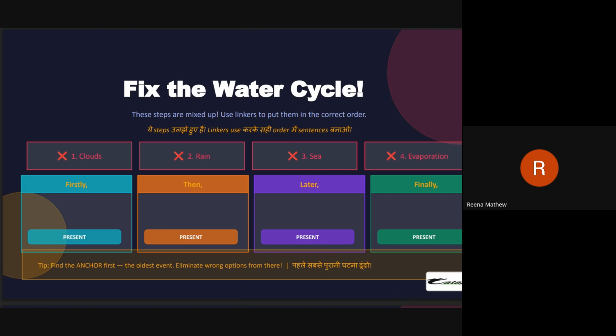Can you arrange in the order like we did before? Arrange it in the correct order. What comes first? Is it the cloud, rain, sea, or evaporation? Very good. Sea comes first.